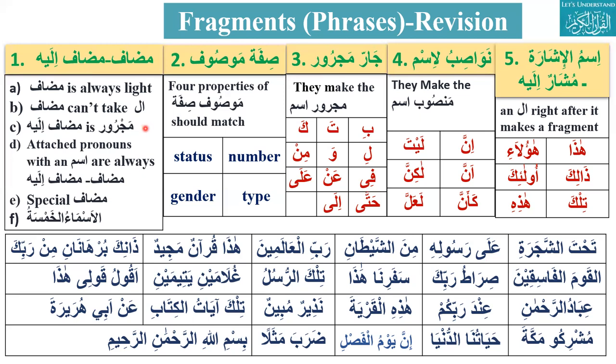If we keep revising like this, take one sentence and fit it all into this table. Then it will be very easy to see whether it is sifa mawsuf, mudaf mudaf ilayh, ismul ishara mushar ilayh. And there are 4 properties of nouns: is it masculine, is it singular, dual or plural? That's it. Over to you.